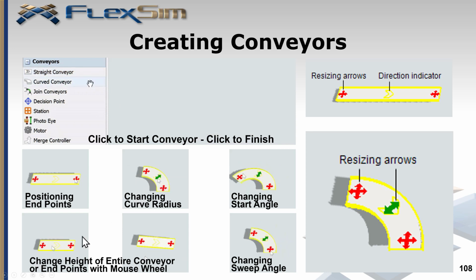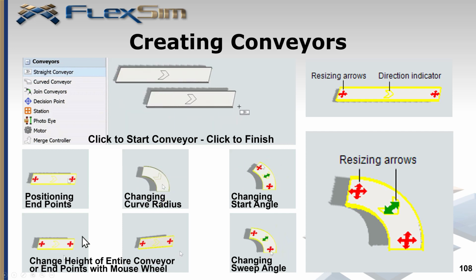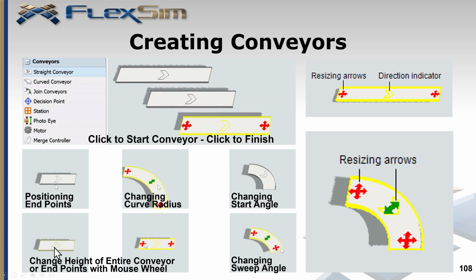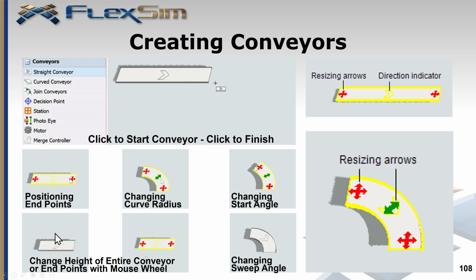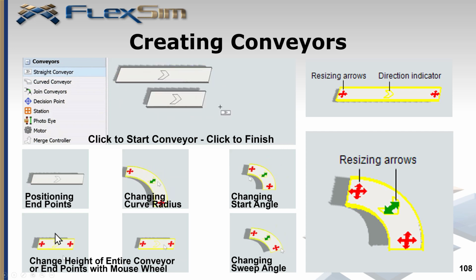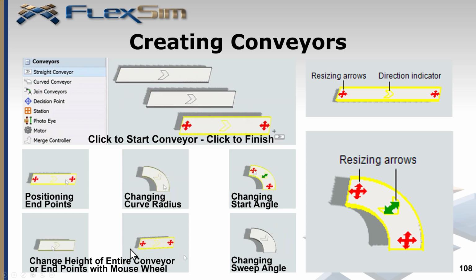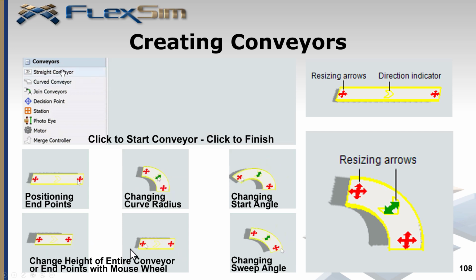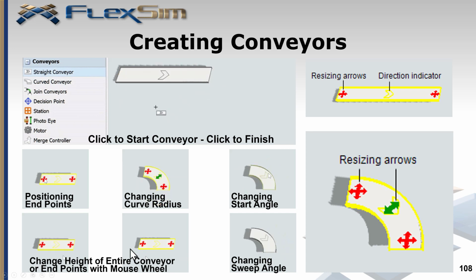In these two graphics down here, it's showing you how you can raise and lower a conveyor. Either the entire conveyor can be moved up or down by clicking on the conveyor and using your mouse wheel to change the height. Or if you want to have a ramped conveyor, you would click on either the start point or the end point and then roll your mouse wheel up or down.